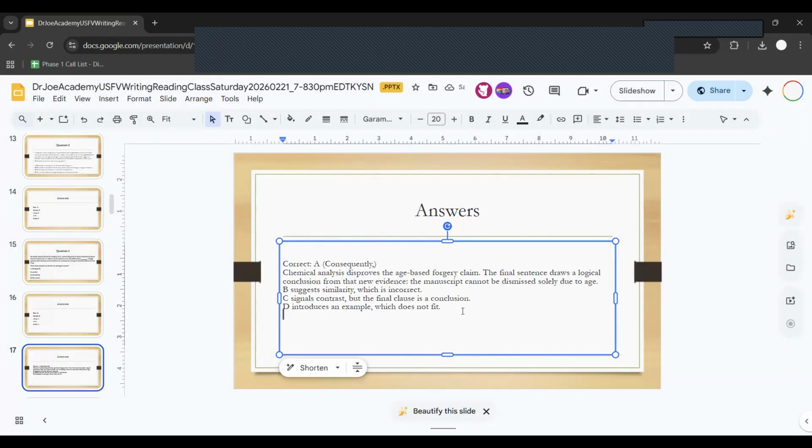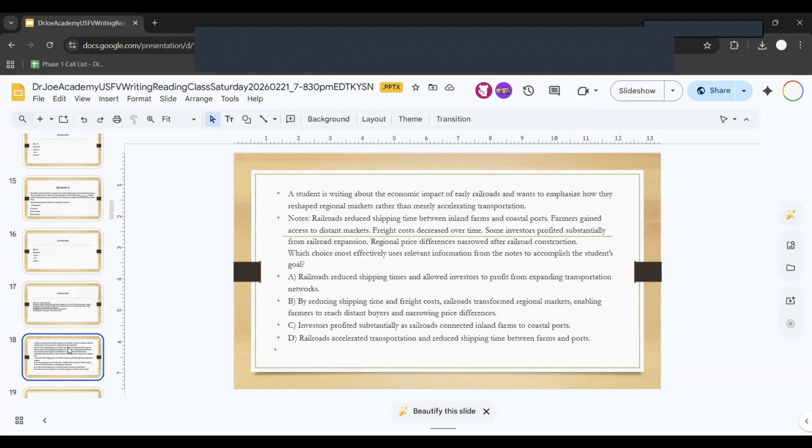Correct answer would be A, consequently, because chemical analysis disproves the age-based forgery claim. The final sentence draws a logical conclusion from that new evidence. The manuscript cannot be dismissed solely due to age. B suggests similarity, which is incorrect. C signals contrast, but the final clause is a conclusion.